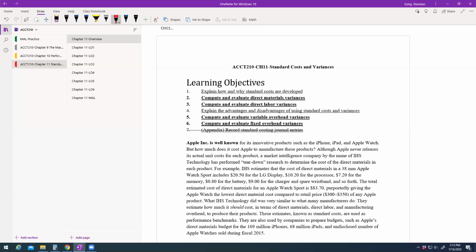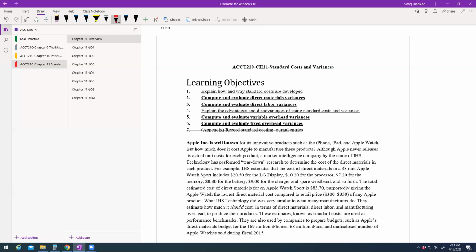In my mind, I take the standard as a manual, as the perfect conditions. But in reality, it doesn't always go with the standard. So you will have the difference, which is called the variance. In chapter 11, we focus on 4 items, all manufacturing costs.